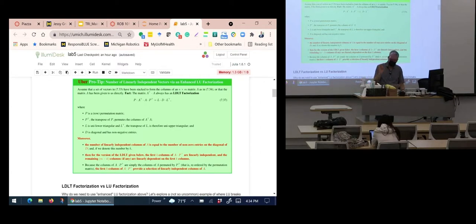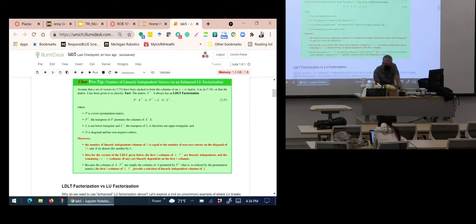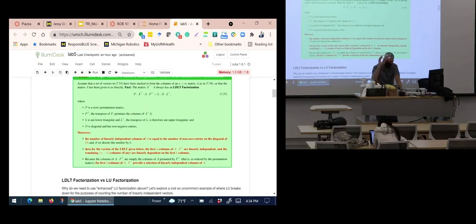Non-negative means 0 or positive. And the number of positive entries on D is the number of linearly independent columns of the matrix A. And so that's really, really nice. And then we'll talk once again about how A times P transpose moves all of the independent columns to the front.